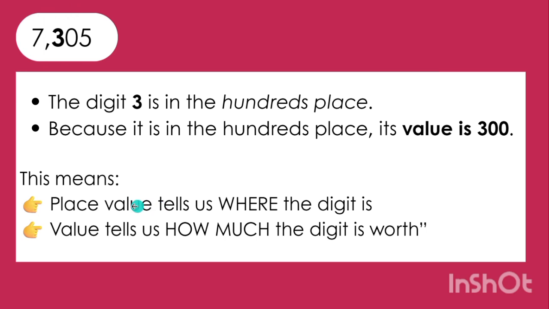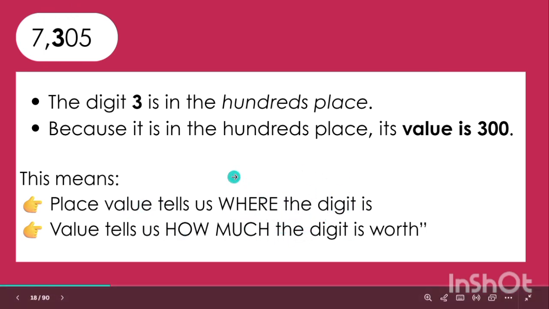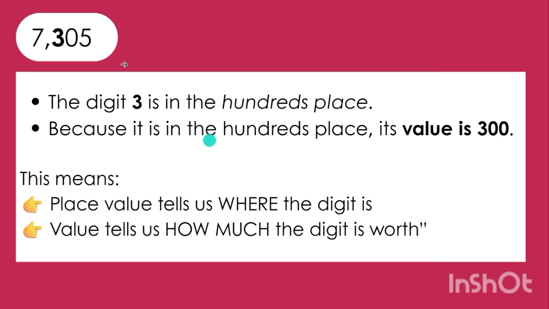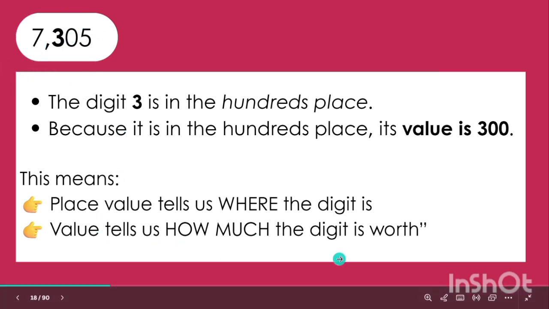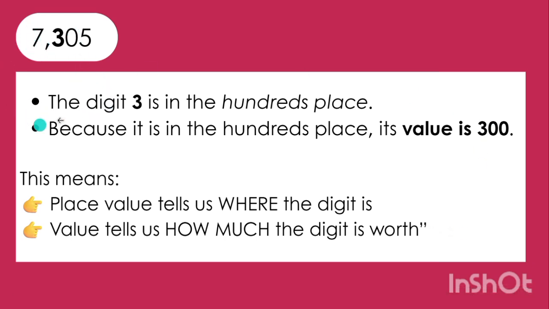Place value tells us where the digit is. What is the place value of 7? It is in the thousands place. Value tells us how much the digit is worth, like 3 equals 300.